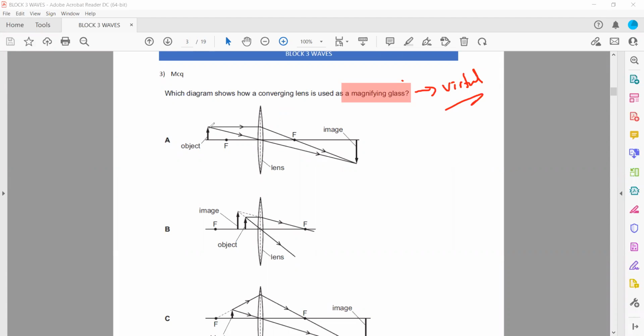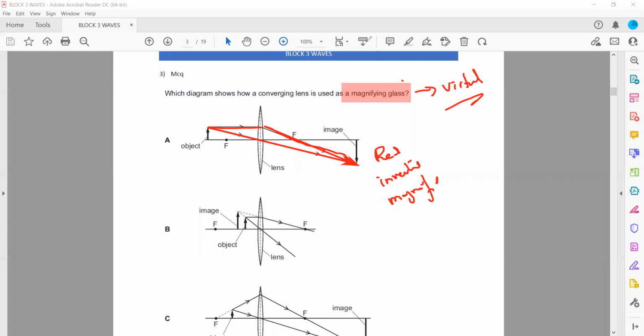How is it a real image? The parallel light ray passes through the focus, and one through the optical center passes straight. So the two light rays meet at one point. This image is a real image. It is inverted. Also, it is drawn with a connected line, not a dashed line.